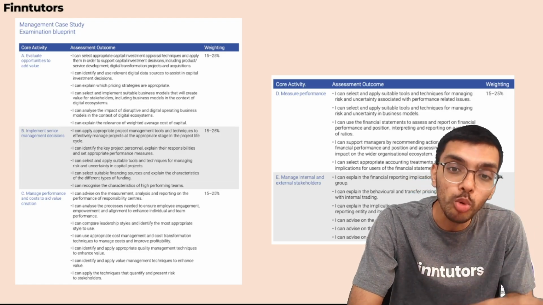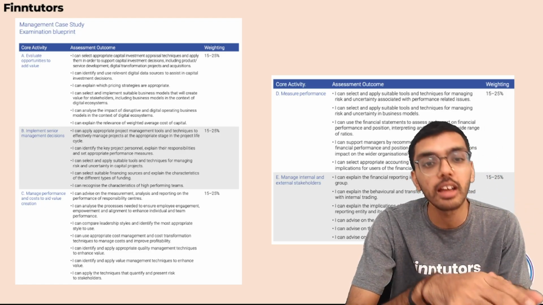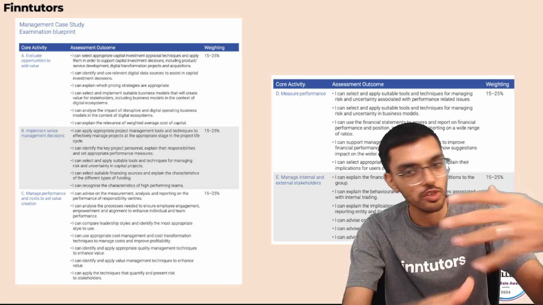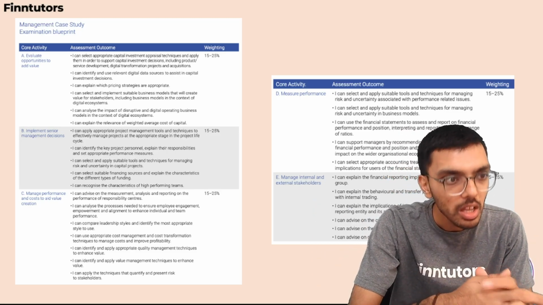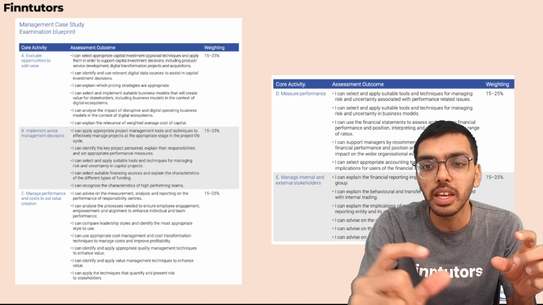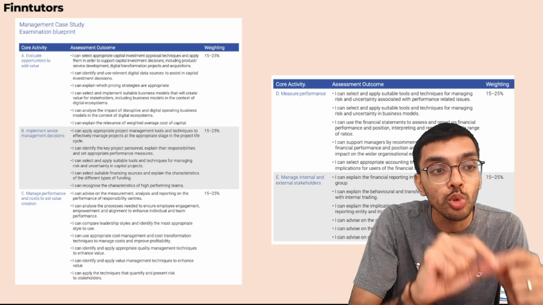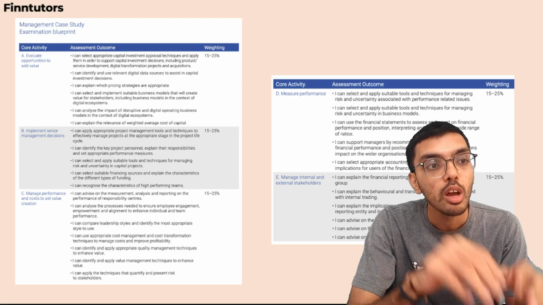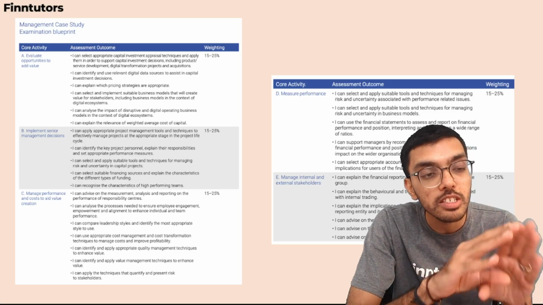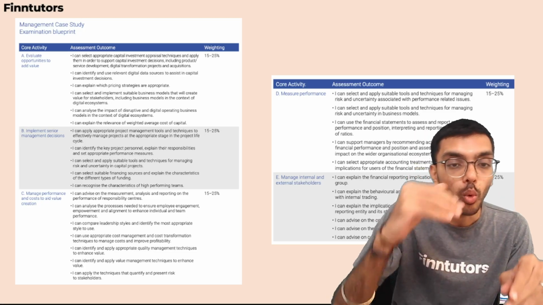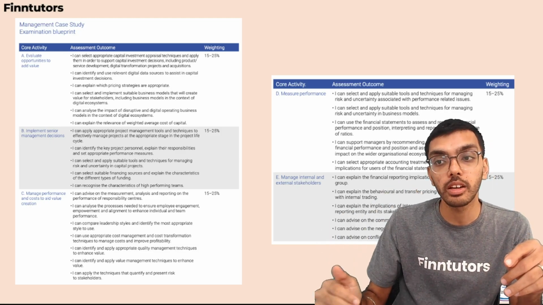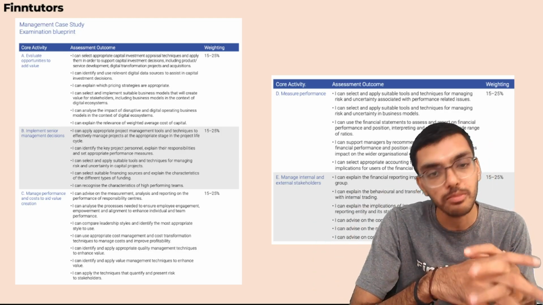These are called the blueprints, the core areas, or the I can statements. Students often jumble everything up, but the core areas are nothing but the expectation of CIMA for you to know this, for you to have this knowledge when you enter the real world as a finance manager.